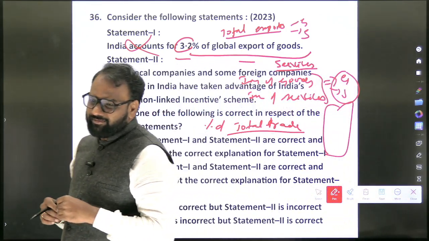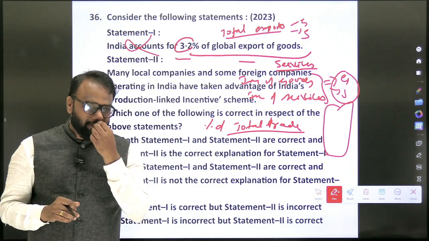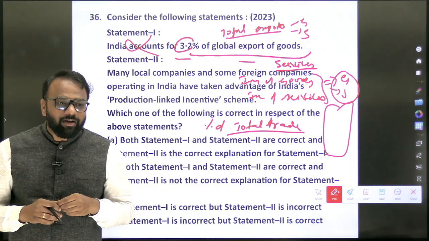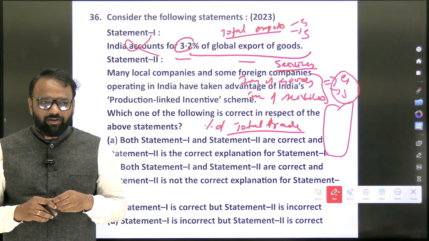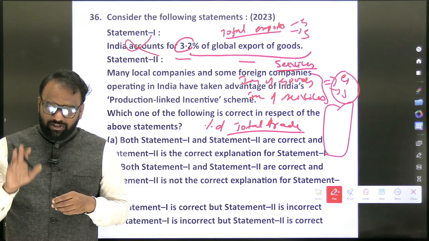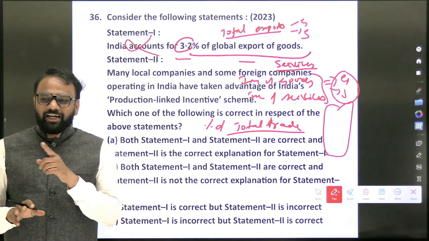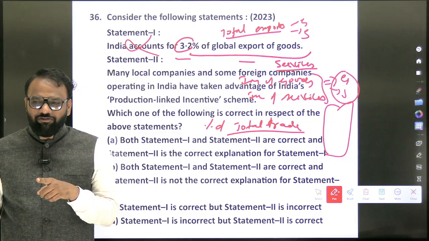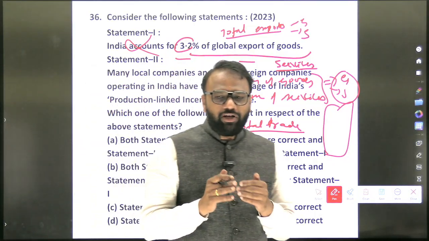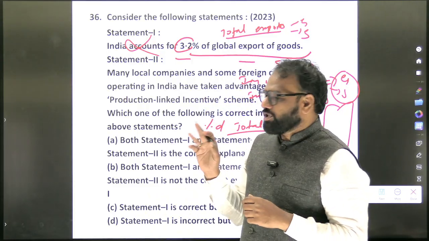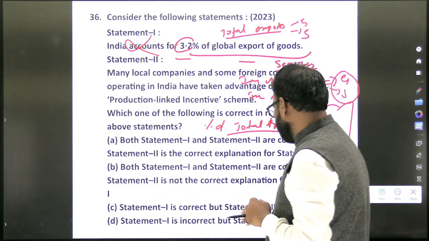Yes, the Department for Promotion of Industry and Internal Trade, which works under the Ministry of Commerce. So this is the agency involved in the coordination of the production linked incentive scheme.